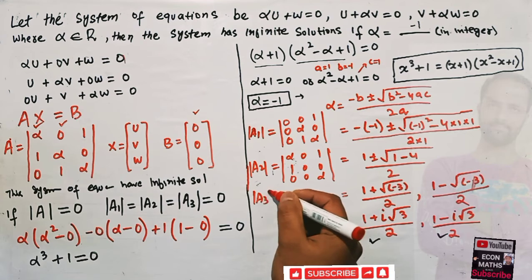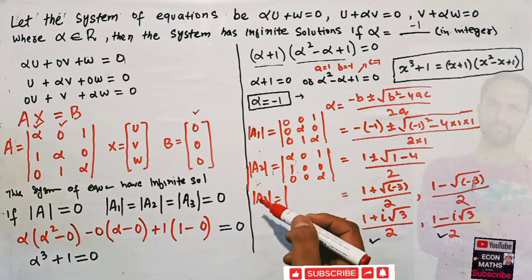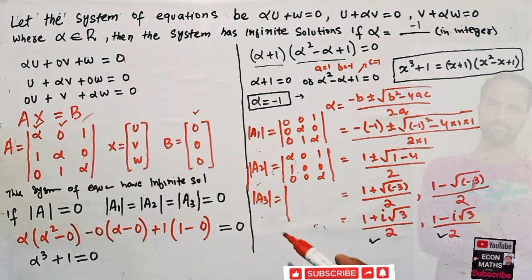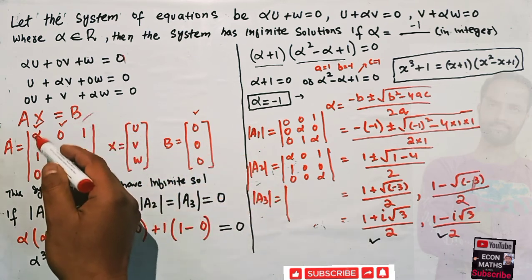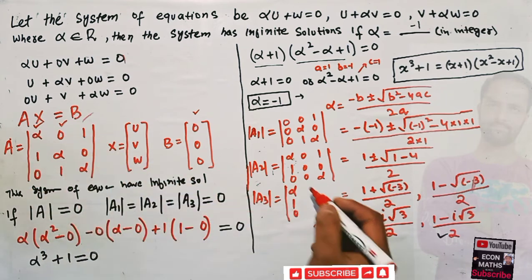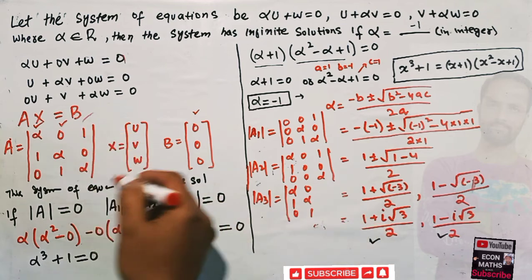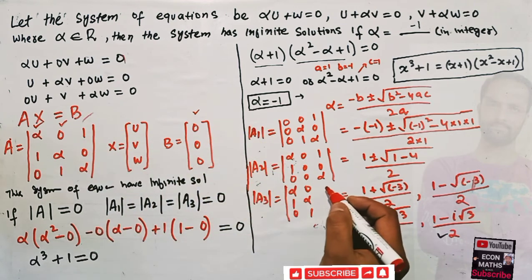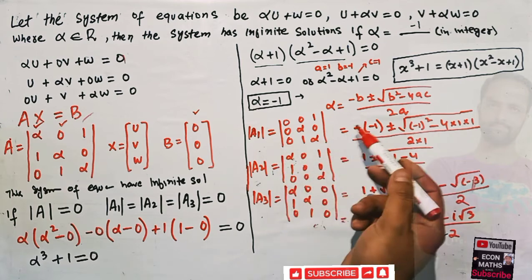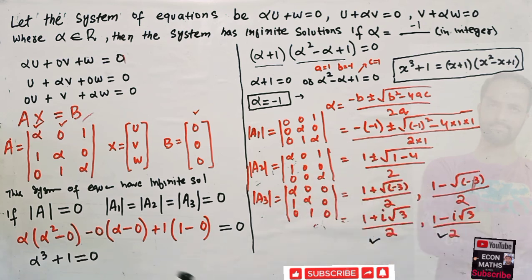And A3 is formed by replacing the third column of this coefficient matrix with the vector of constant terms. So we have alpha 1 0, 0 alpha 1, and in place of 1 0 alpha we replace it by the vector of constant terms, 0 0 0. If you take the determinant of these matrices, it will be equal to 0.